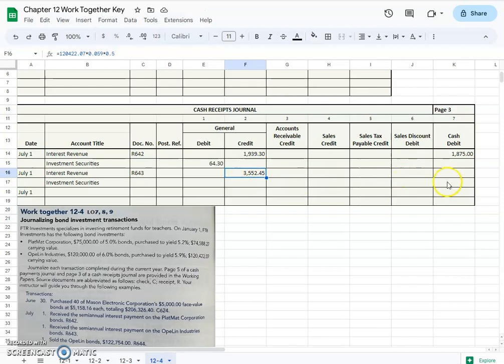For the cash debit, we will take our face value of the bonds, which was $120,000, times the stated interest rate of 6% times a half a year.